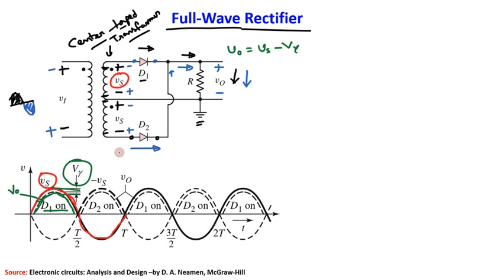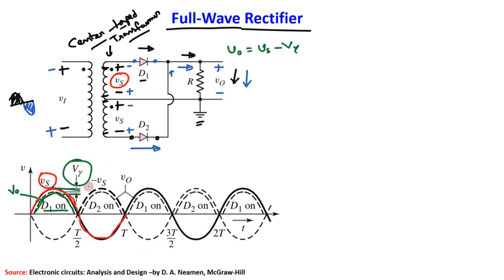Now see what is happening in the negative half cycle. In the negative half cycle, this diode was conducting, and as a result the current was flowing in the same direction. That means the voltage drop across this resistor R will be the same, right, as when the current was flowing through the other diode.